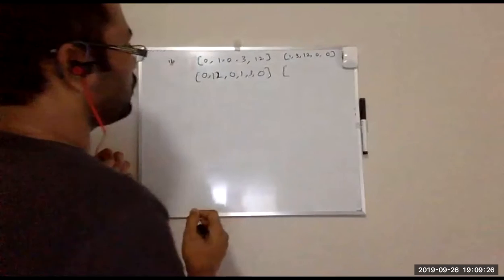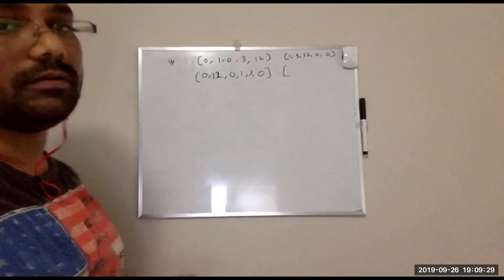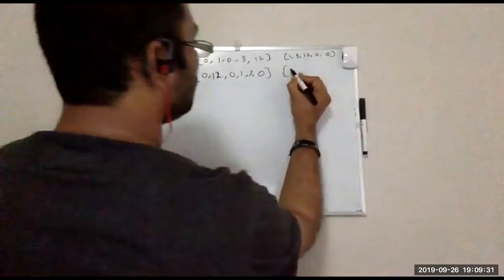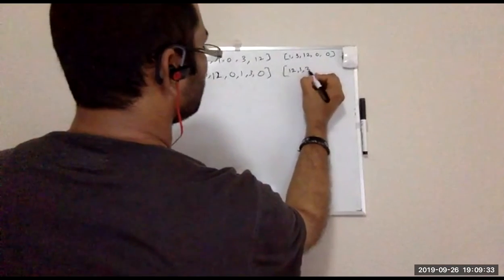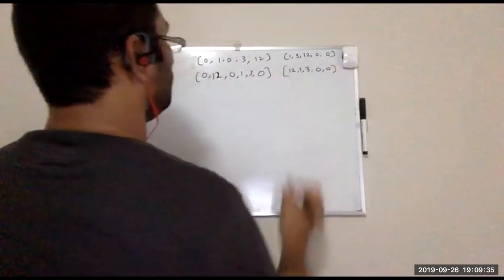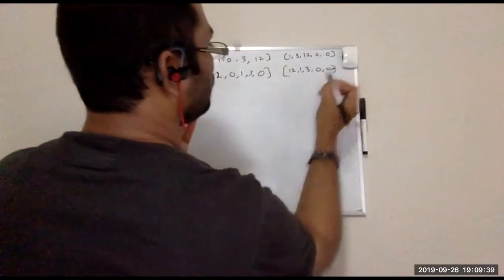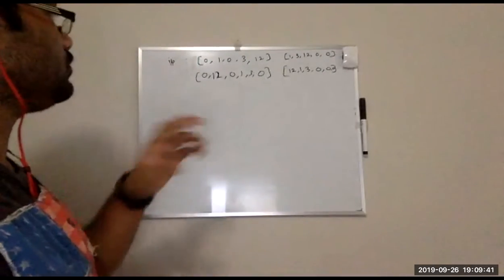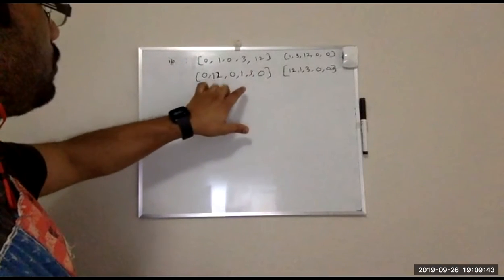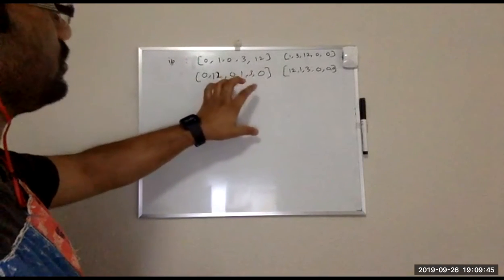And what our output needs to be is 1, 3, 12, 0, 0, 0. There are 3 zeros. Yeah, sorry. Okay, so the order of these non-zero elements should not be changed.